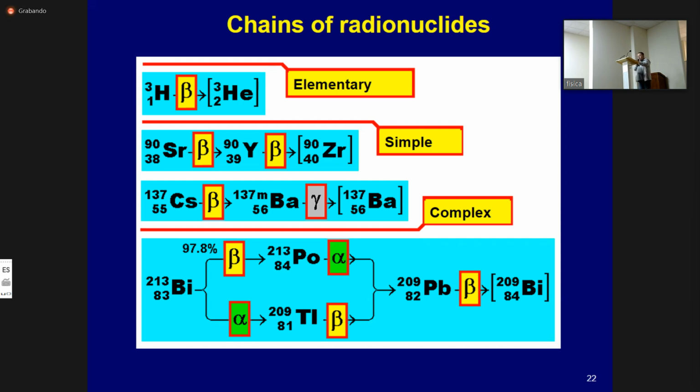Complex decay chains are branching structures. They occur when, as a result of the decay of individual radionuclides in a chain, two or more different radionuclides can be formed. The slide shows examples of such decay chains.